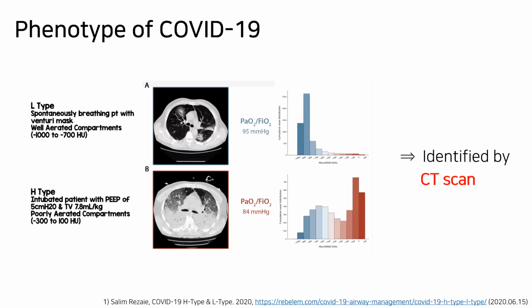That is the CT shot of an L type patient and an H type patient, and you can see there is a white material in picture B, while picture A is quite clean. This white material is inflammation.